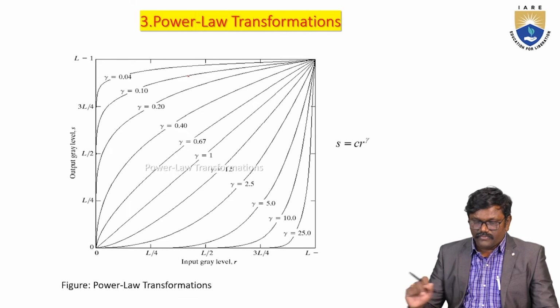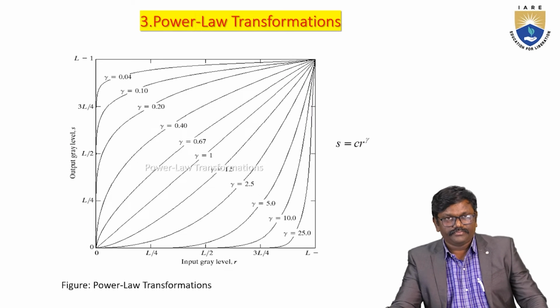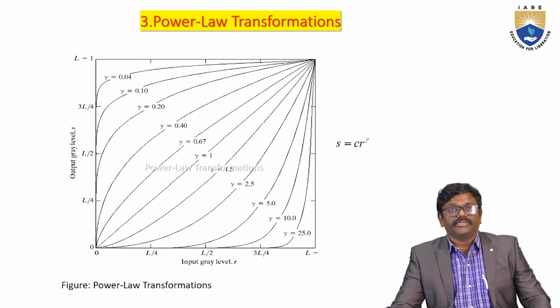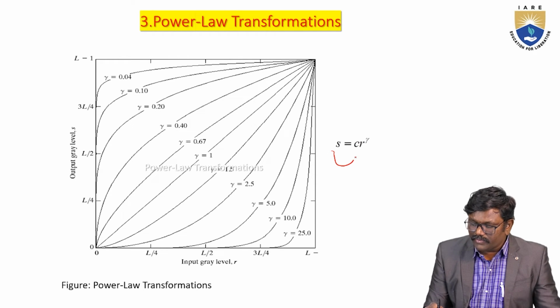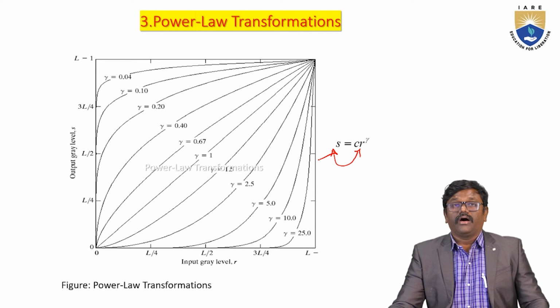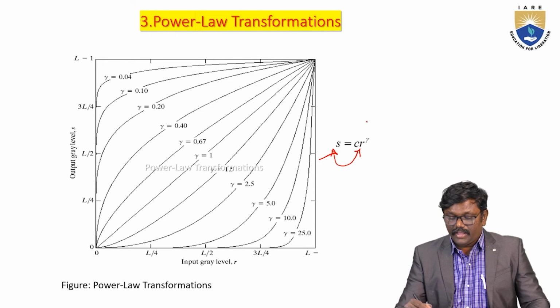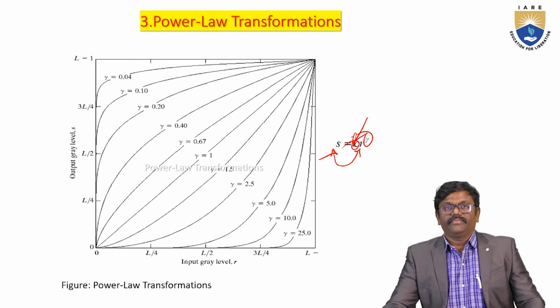Okay, so next we are going to use another, what we call power law transformations. What do you mean by power law transformation? It is a very simple transformation function which we can understand in between s and r, with the help of a constant factor c and the gamma ratio.